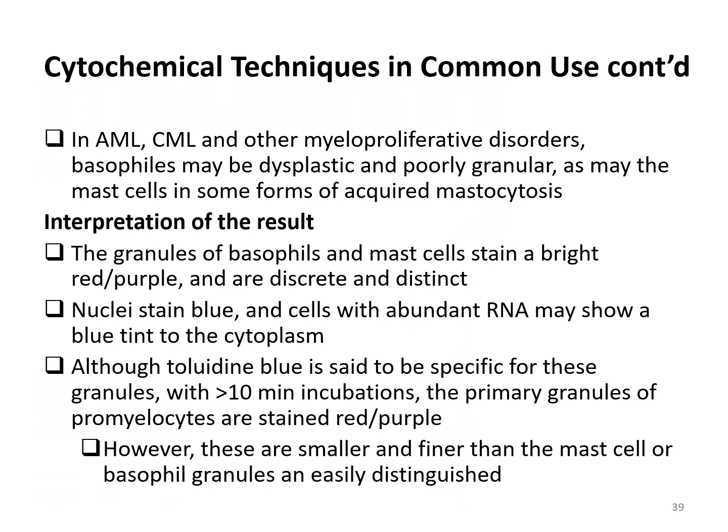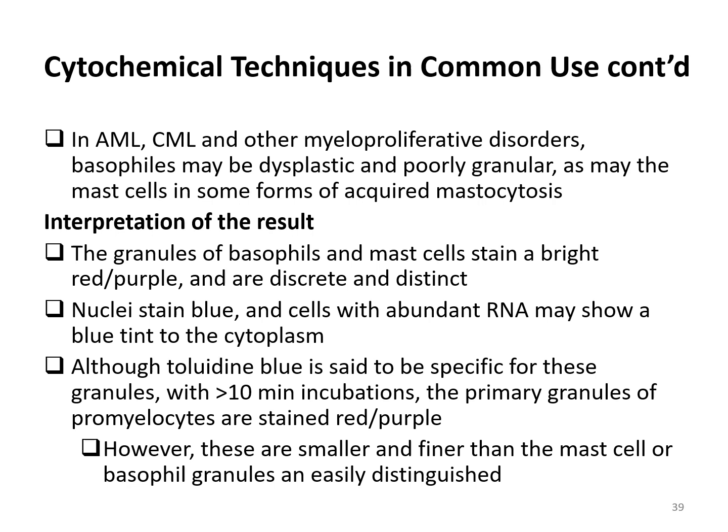In AML and CML, chronic and acute myeloid leukemia, and other disorders, the basophils may be dysplastic and poorly granular, so it would be difficult to identify them. That is the reason why it's better to use toluidine blue to identify those cells, because by relying only on their morphology, it would be difficult to say that this is a basophil or a mast cell.